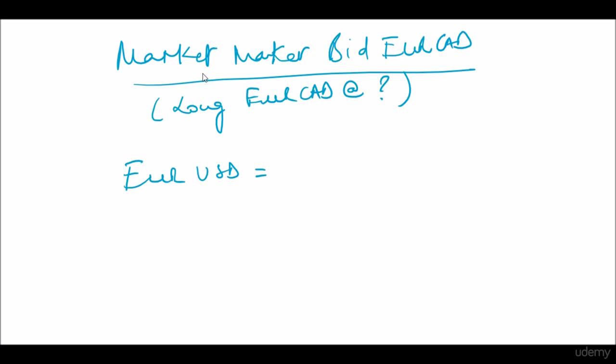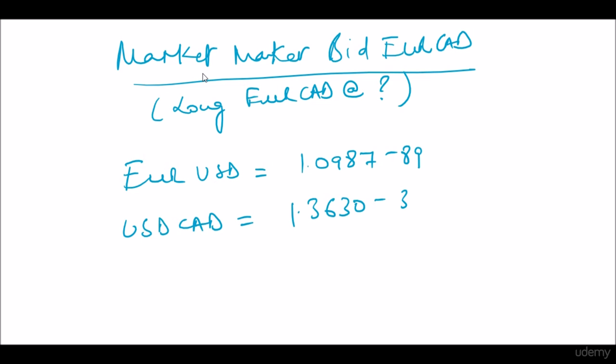So if the trader is long Euro and short Canadian, he would need to work out the rate at which he can sell the Euro and buy the Canadian in order to square his position. If the Euro CAD price were readily available, he would be able to sell it at the bid rate in the market, since the dealer now becomes the price taker selling at that bid rate.